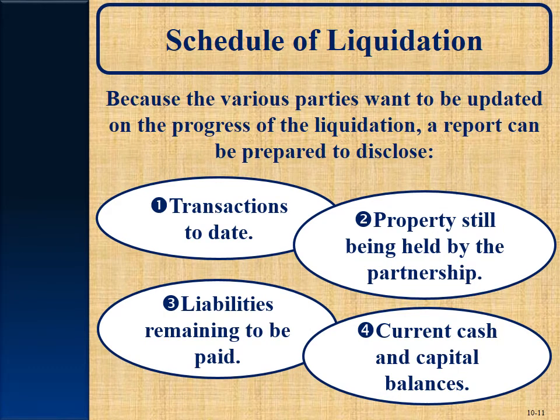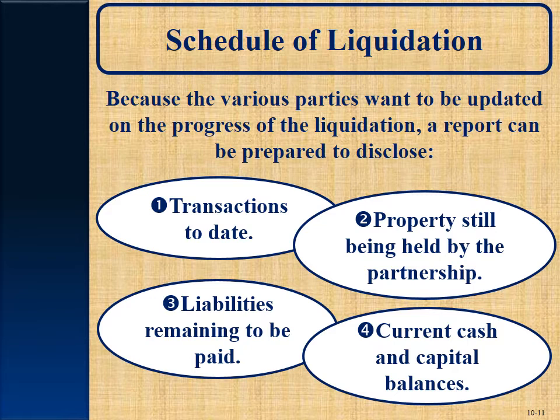However, I know I ran through those quickly, and there's a great summary of these journal entries on page 462. The norm of business is not to be bing, bang, boom, you're done. Various parties want to be updated on the progress of liquidation, because it takes time.